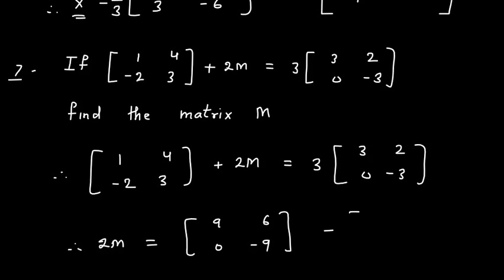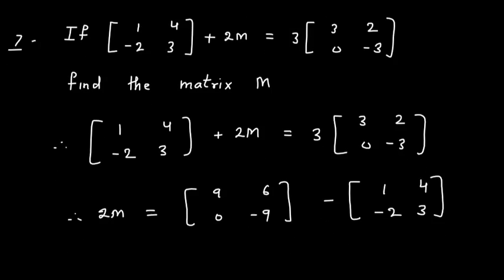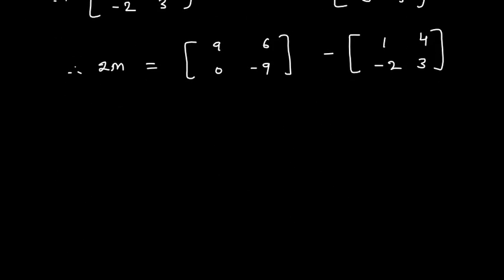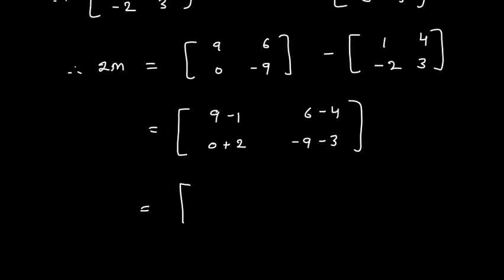Minus this will go on this right hand side, so it will be [1 4; -2 3]. This is the value of 2m, which is equal to, now here it is 9 minus 1, 6 minus 4, 0 plus 2, and minus 9 minus 3. So 9 minus 1 is 8, 6 minus 4 is 2, 0 plus 2 is 2, and this is minus 12.